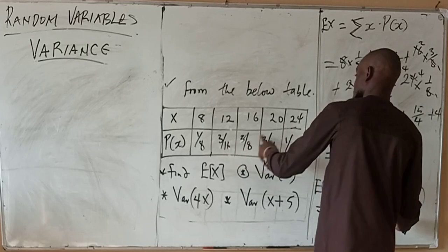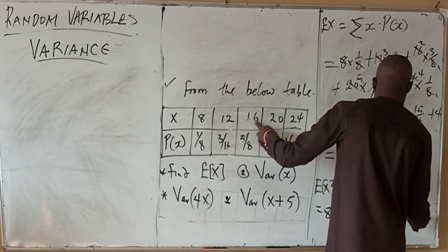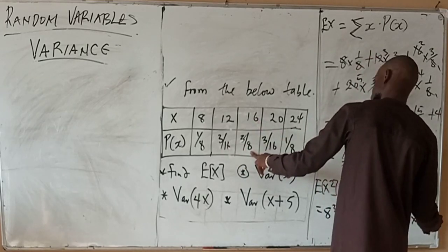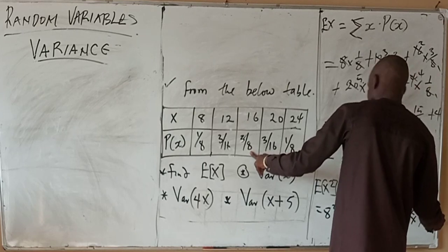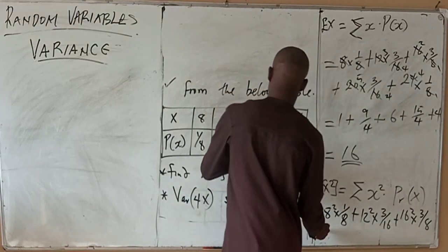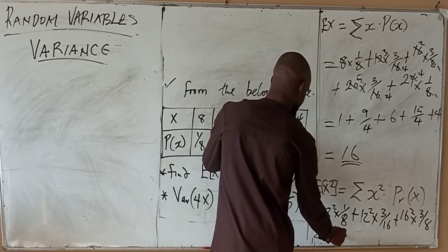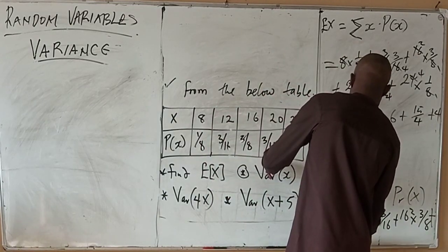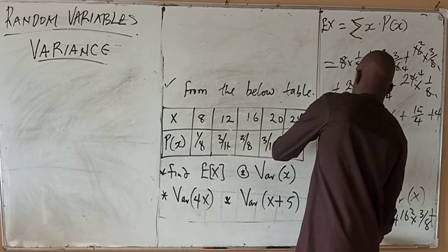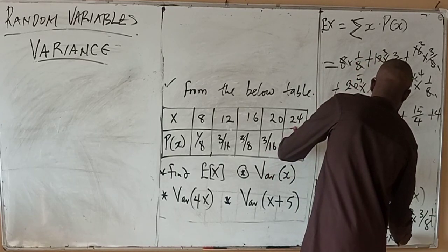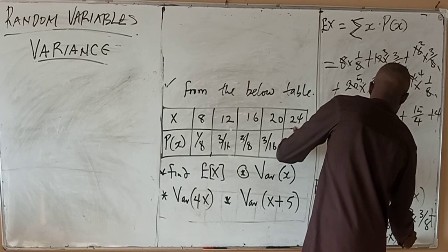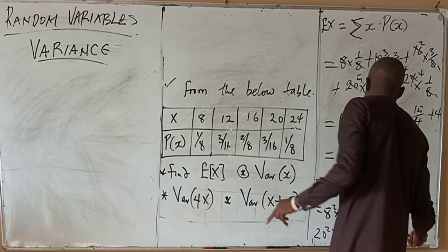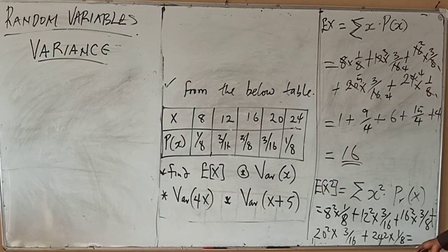Then square this, multiply by 3 over 16, square this, multiply by 1 over 8. If you solve that very well, you are going to have 278.